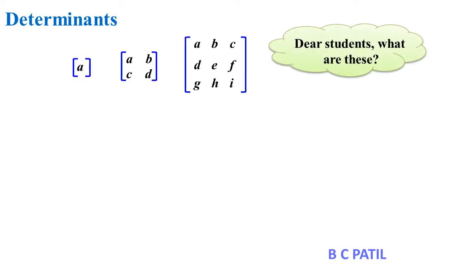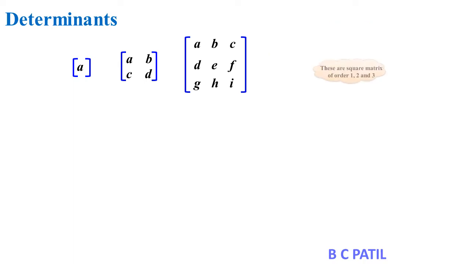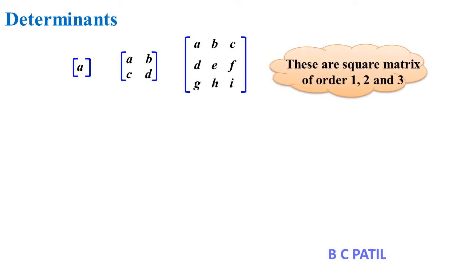Hello students, what are these? Yes, these are the square matrix of order 1 cross 1, 2 cross 2, 3 cross 3. Now, question is why we need to consider only square matrix?